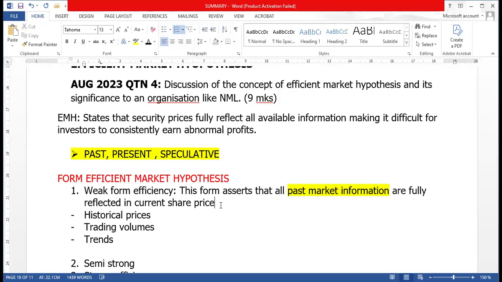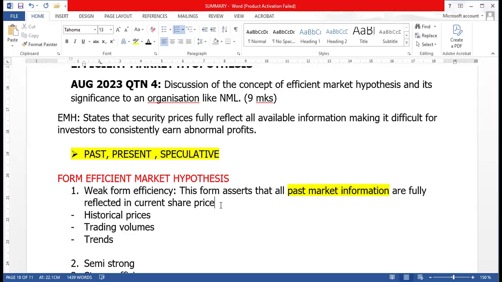So as investors, you cannot use past price patterns or technical analysis to predict future price movements. If you say, let me analyze the previous data and predict the future price, that will not work, because all the information is already reflected. Here we say the prices follow a random and unpredictable pattern.